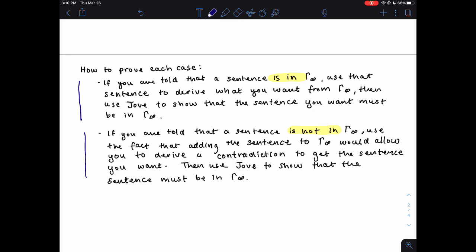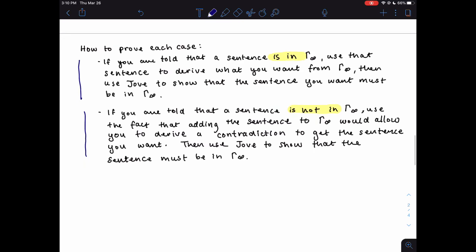And just like before, we use JOVE to get from a claim about being derivable from gamma infinity to a claim about being a member of gamma infinity. Again, that might sound like gibberish, but we're going to go through two cases that will hopefully make this concrete. We're going to start by proving the case with the ampersand.